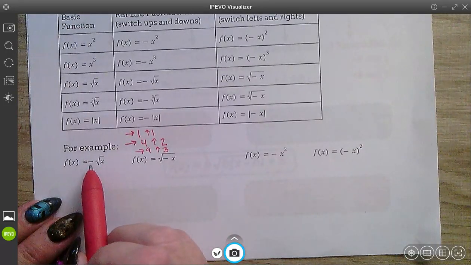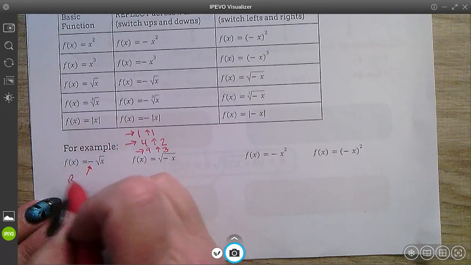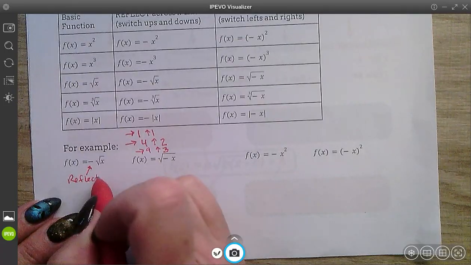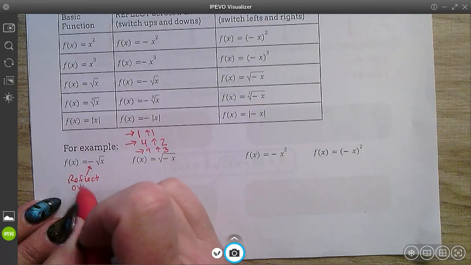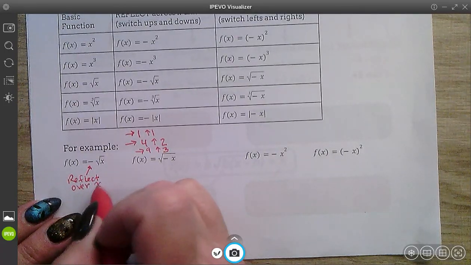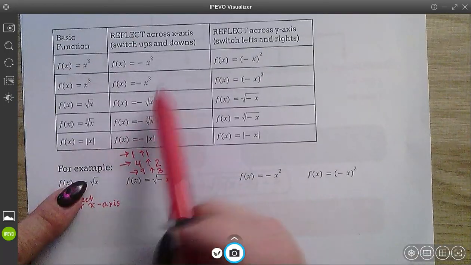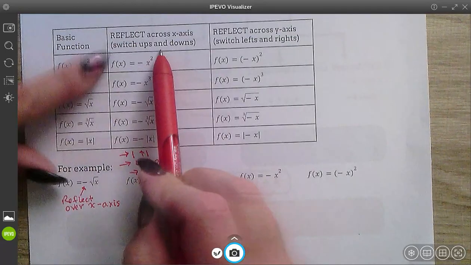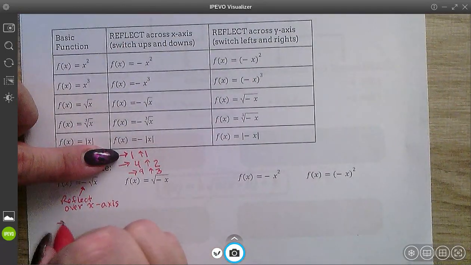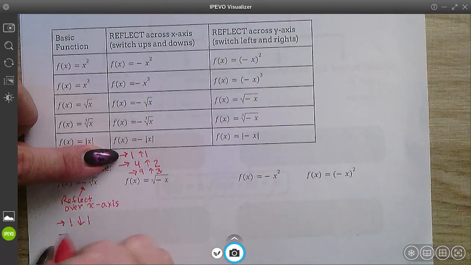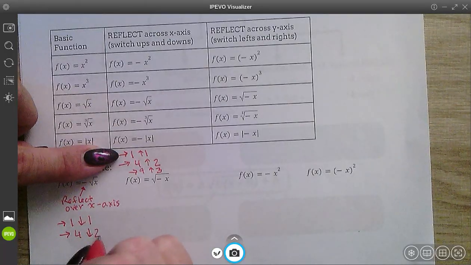So here we have a reflection on the outside, so that is going to be over the x-axis. So what I need to do in that case is switch my ups and downs. So I'm going to go right 1, down 1, right 4, down 2, right 9, down 3.